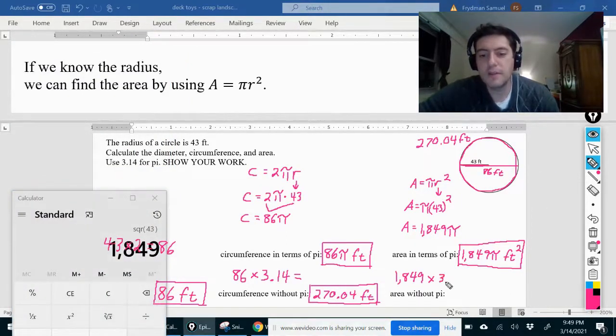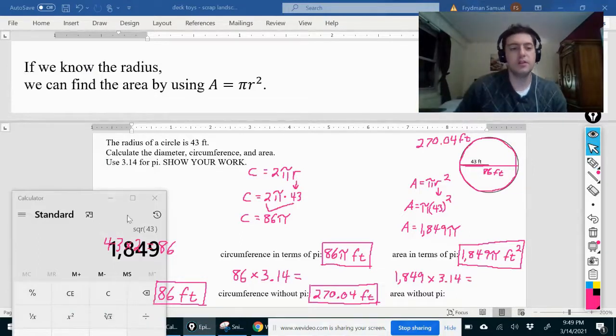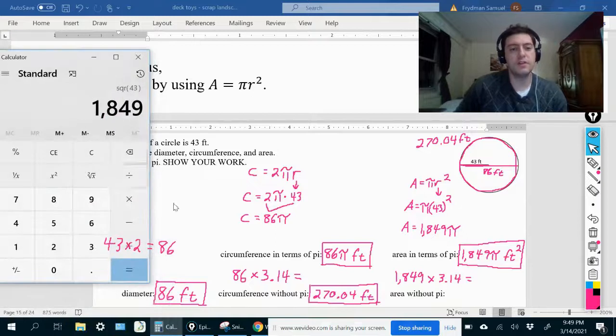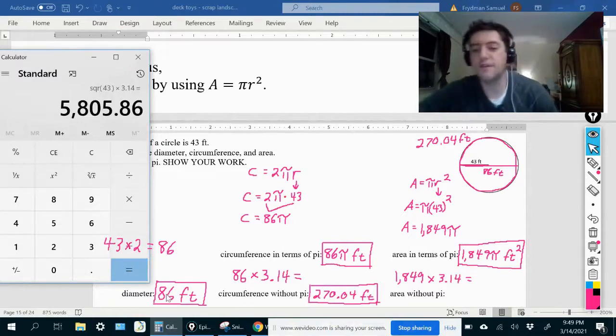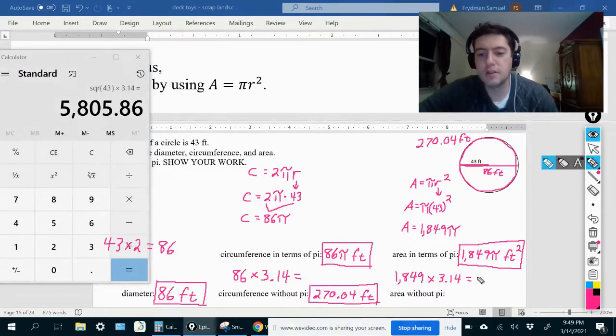So let's do that. And you can go to a calculator to do this. I already have this number on the screen, so I'm just going to type times 3.14. And I get 5,805.86. And I'm just going to write that again over here.